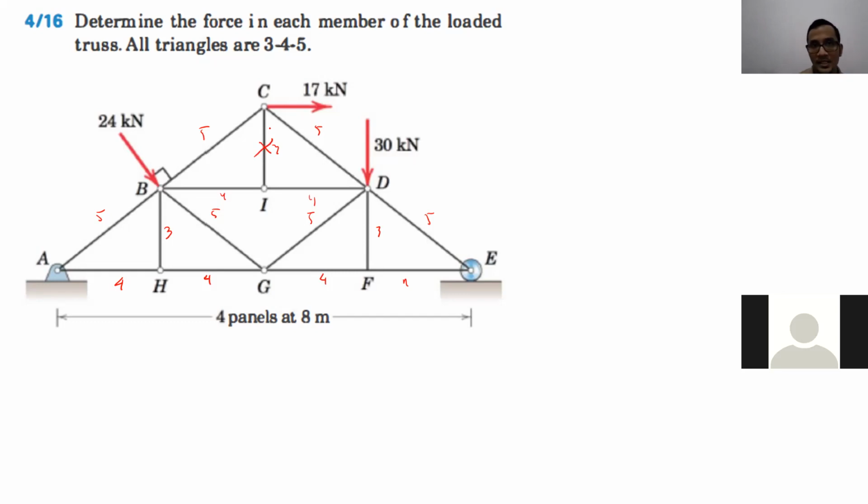Despite what's happening at joint C, we don't have to look at it. Once we can determine that one particular member is a zero force member based on one particular joint, that's it. That member will become a zero force member. Okay, good.